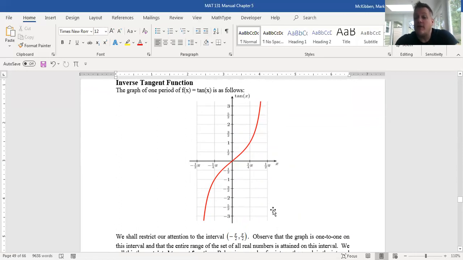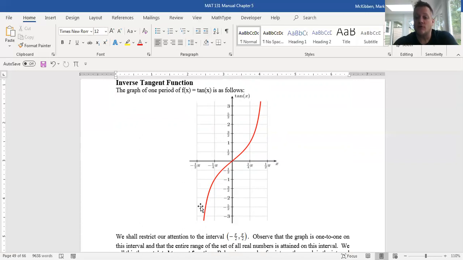And so how do we get the inverse? We draw the y equals x line on this graph as well, and we change the x and the y. But if you do that to a graph that has vertical asymptotes, those vertical asymptotes become horizontal asymptotes for the inverse function because I switched the x and the y. And so the equations for the vertical lines are x equals pi over 2 and x equals negative pi over 2.